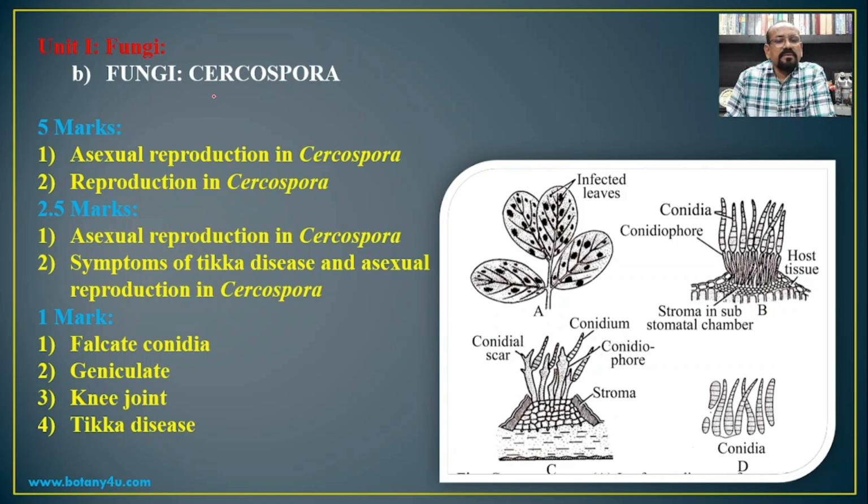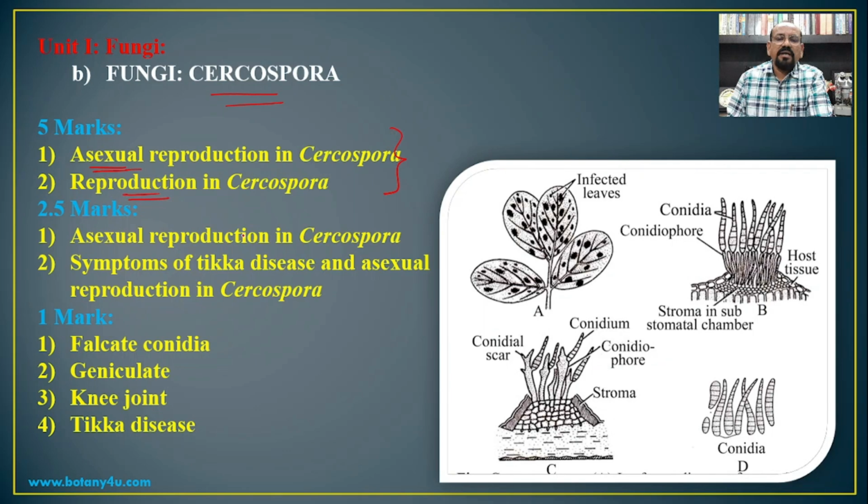Next, that is Cercospora, the 5-mark question very commonly asked, that is sexual reproduction. If you read earlier, you will find that Cercospora reproduces by means of only asexual reproduction, and sexual reproduction is found to be absent in Cercospora. So there is always a question on reproduction in Cercospora, or asexual reproduction in Cercospora.